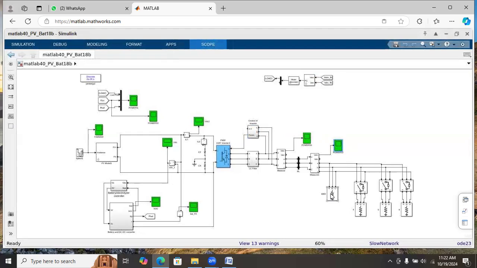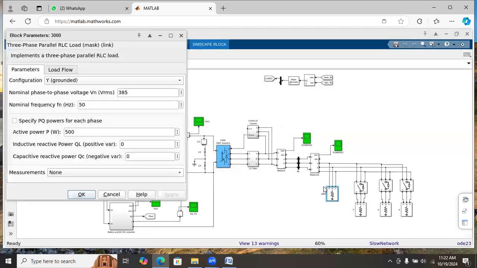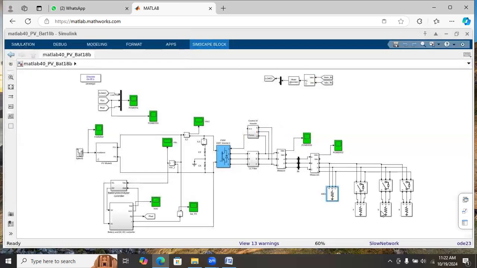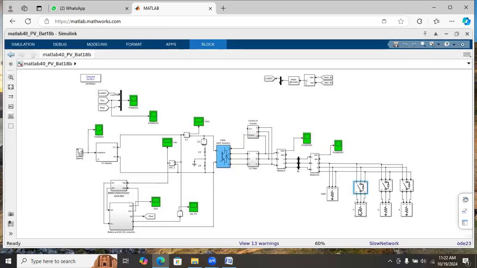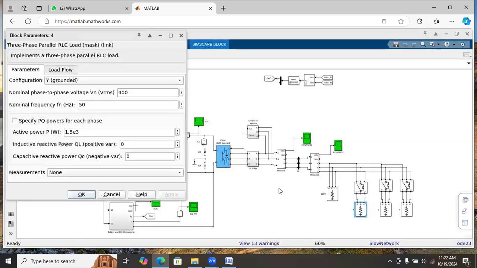Initially the load connected across the inverter is around 500 watts. And after 0.5 seconds, one more load of 1.5 kVA is connected.